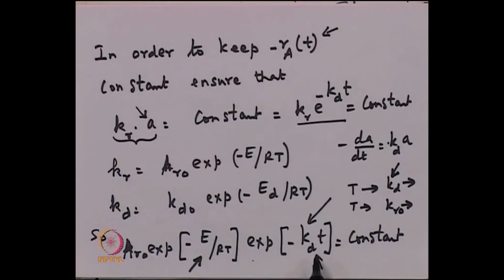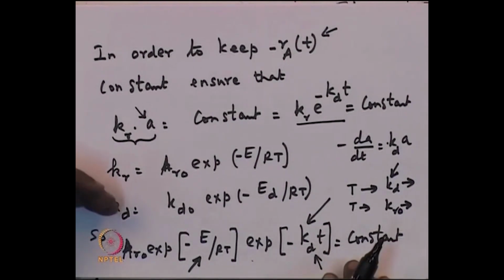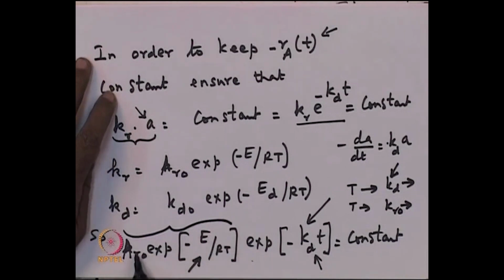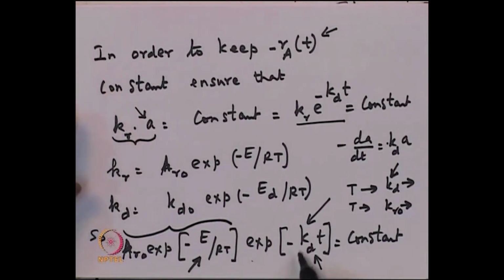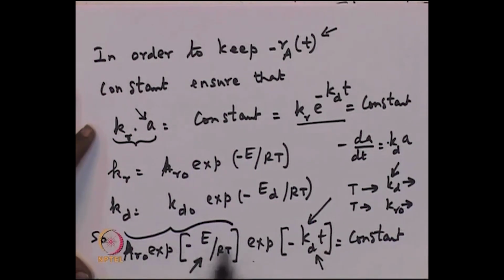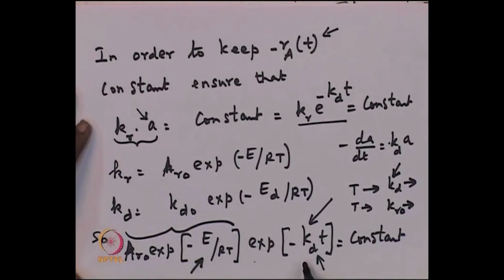Or in other words, when we take temperature from T1 to T2, the first term increases, the second term decreases because of the rise in temperature, but the increase in the first term compensates for the decrease in the second term, so that the product is kept constant.